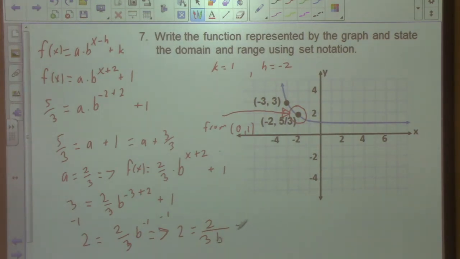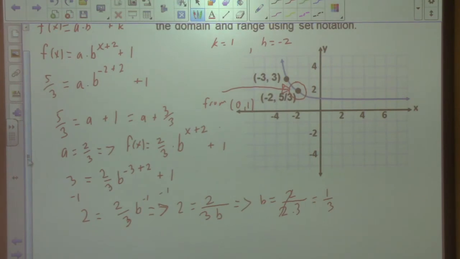So now you can cross multiply the b and divide by 2, so b is equal to 2 over 2 times 3, which equals 1/3. Right, that cancels out, equals 1/3.